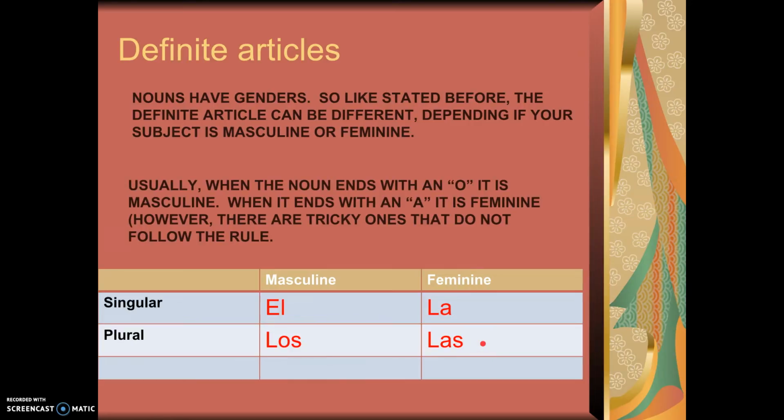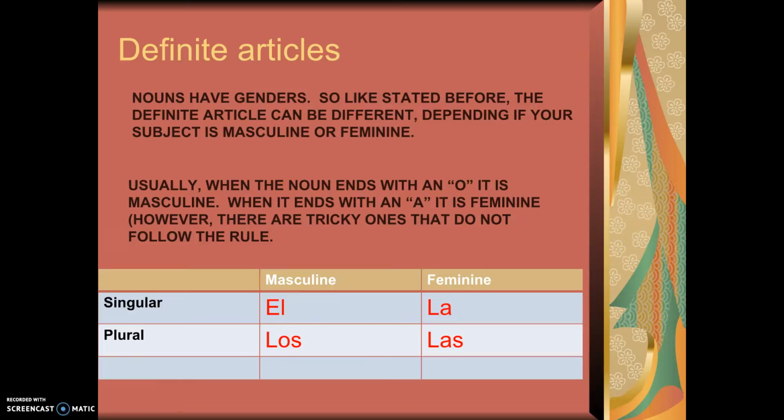So here's the trick. When a noun ends with an O, it's usually masculine. El chico is an example. El amigo, that's a friend. When it ends with an A, it's usually feminine.